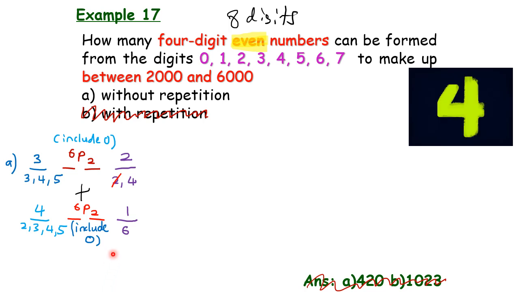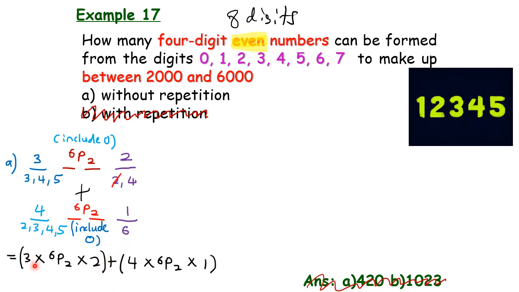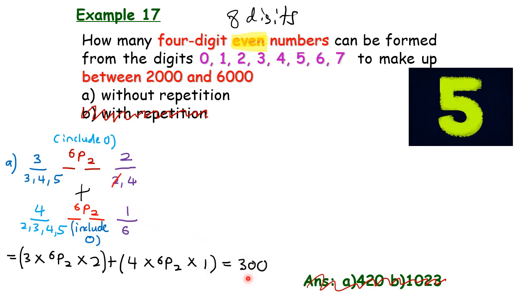So our arrangement would be 3 times 6P2 times 2. So this is the first possibility, plus, okay? "Or" means plus. Another possibility, 4 times 6P2 times 1. Okay? So the total number of arrangement should be 300.